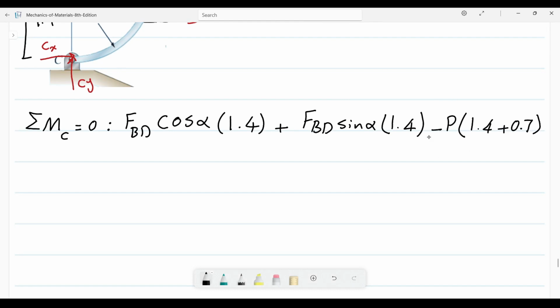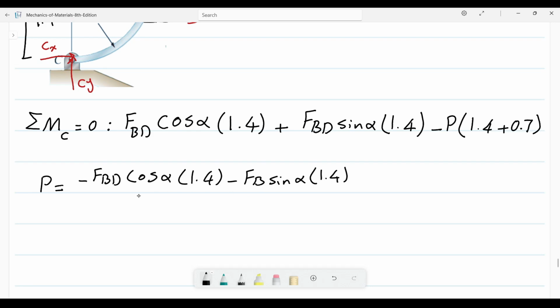We want to achieve P. It's P equals minus FBD cosine alpha multiplied by 1.4, minus FBD sine alpha multiplied by 1.4, divided by 2.1.